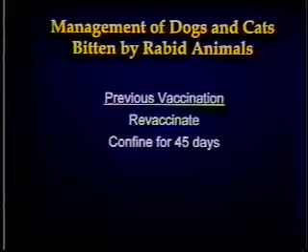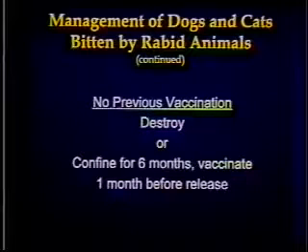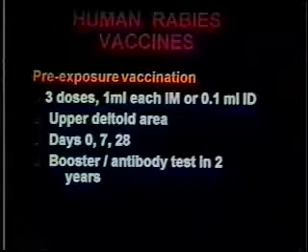If that animal did not have a valid vaccination previously, then that animal is quarantined for 6 months, or preferably destroyed and the brain examined for rabies virus. If the owner is unwilling to sacrifice the animal, then there is a 6-month quarantine period to allow for the incubation period that we talked about earlier and a vaccination prior to release.